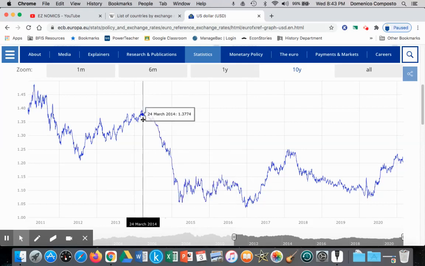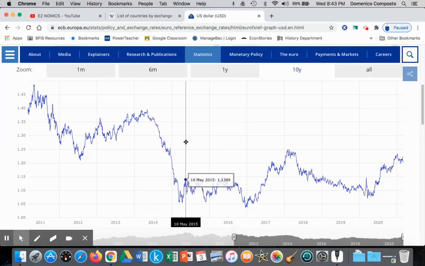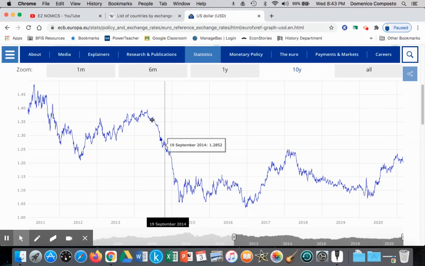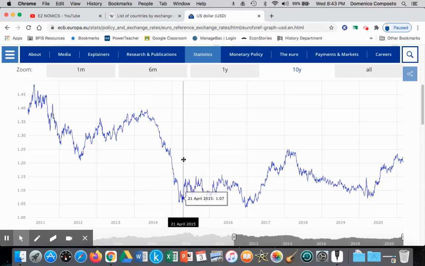All right, back in 2014, 1 euro could buy $1.37. And then a year later, in April of 2015, 1 euro could only buy $1.09. So we can see that there is a depreciation in the value of the euro.